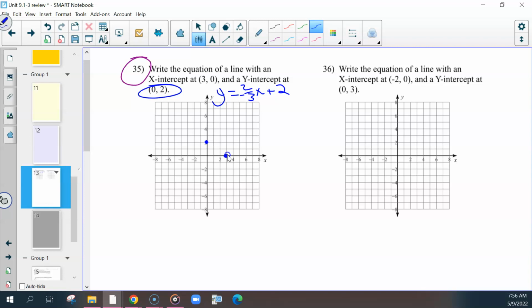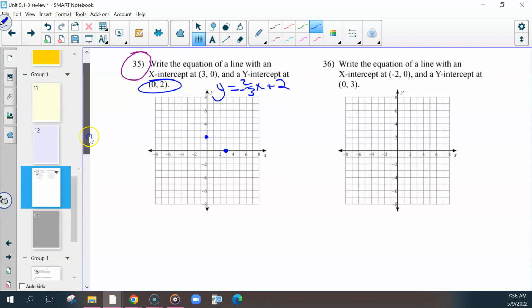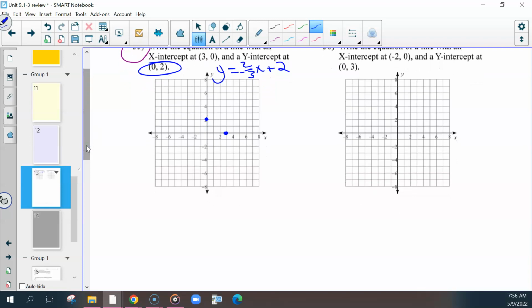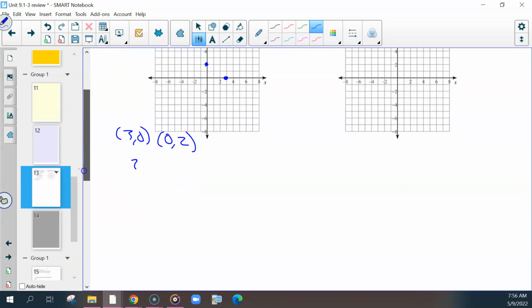If you didn't have a graph or didn't graph it, you would need to find the slope of these algebraically. So we would need to do 2 minus 0 over 0 minus 3, to get negative 2/3.